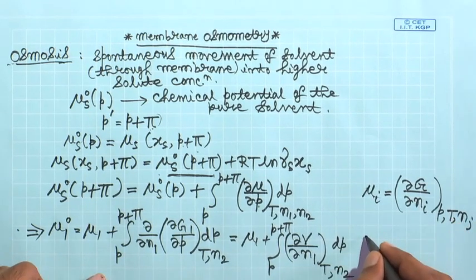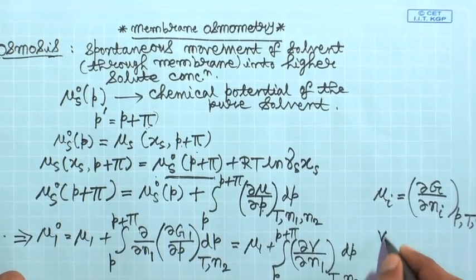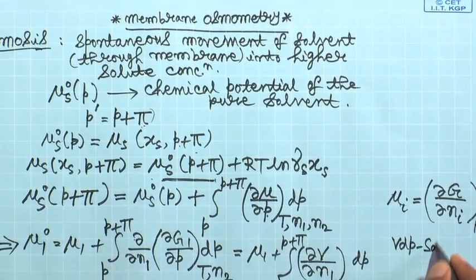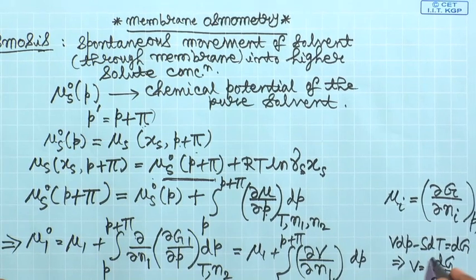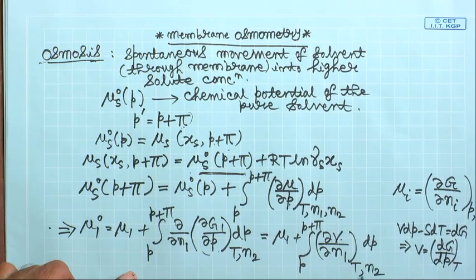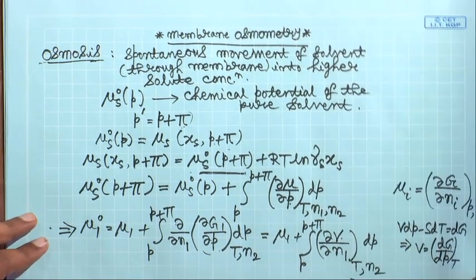From thermodynamics we know that there is a relation V dP minus S dT equals dG. So from here V is dG dP at constant T. So the dG dP you are expressing as V, and that becomes del V del n 1 at constant T and n 2.